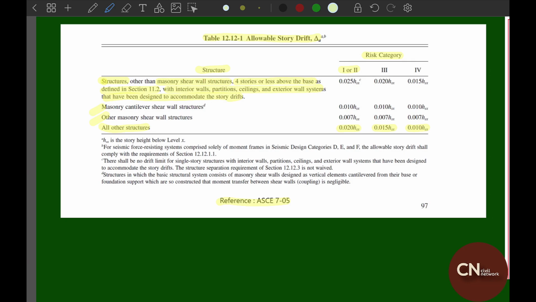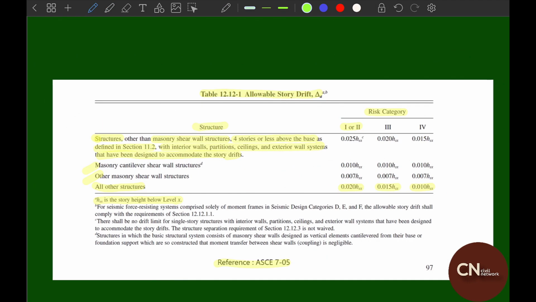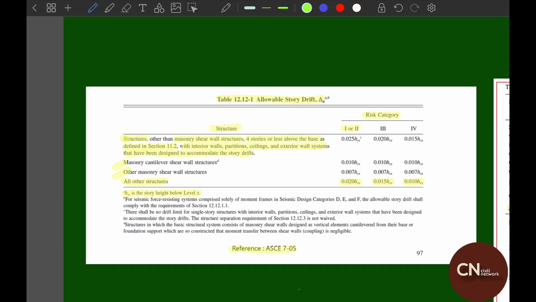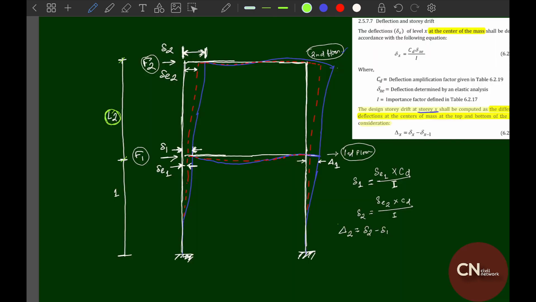Here you can see there is a suffix which is hsx, and there is a note here that hsx is the story height below level x. To understand this, let's go back to our first illustration. Here we have found the story drift from the difference of displacement between 2 stories.